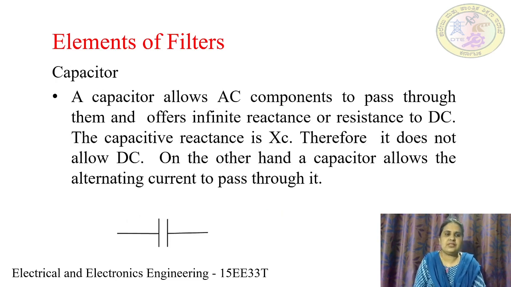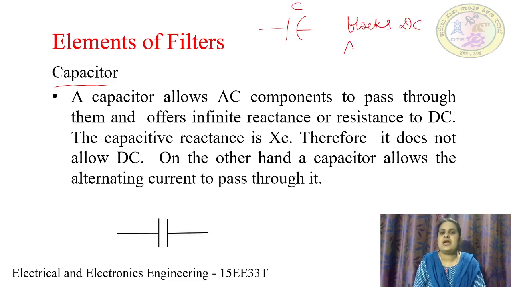The next component is a capacitance. So we know that a capacitance opposes the rate of change of the voltage here. Therefore, it blocks the DC components and allows the AC components, because the capacitance is subjected to the rate of change of voltage. In DC there is no rate of change of voltage, because it is a constant voltage.